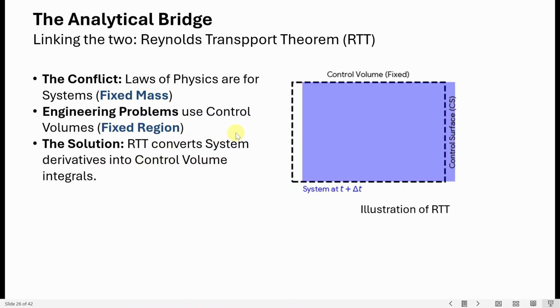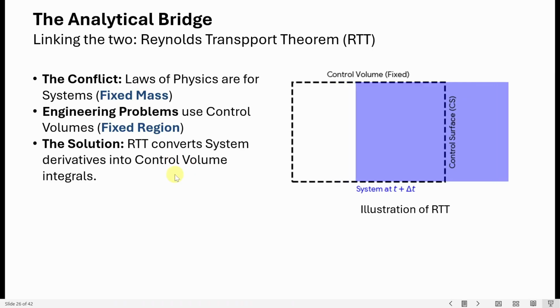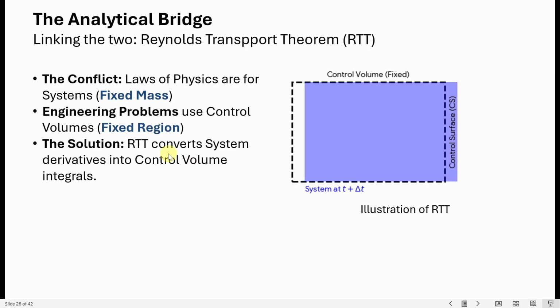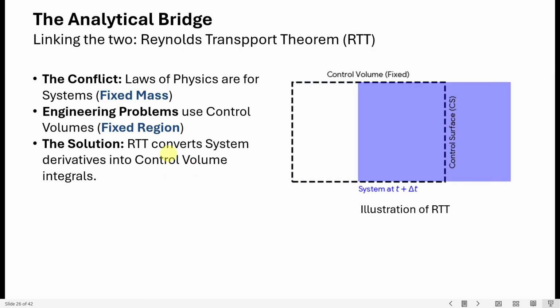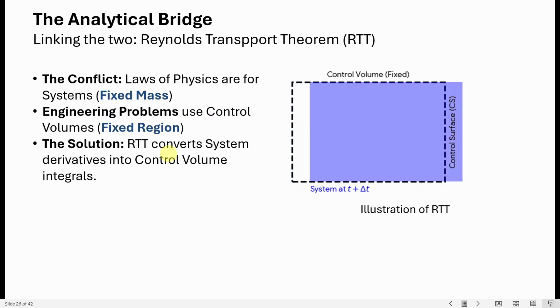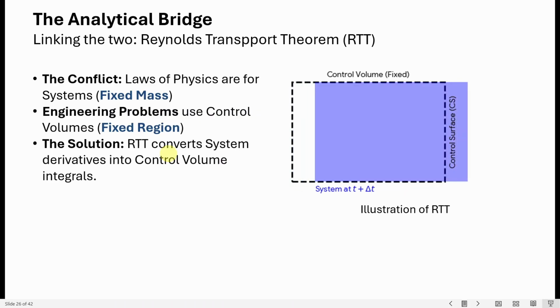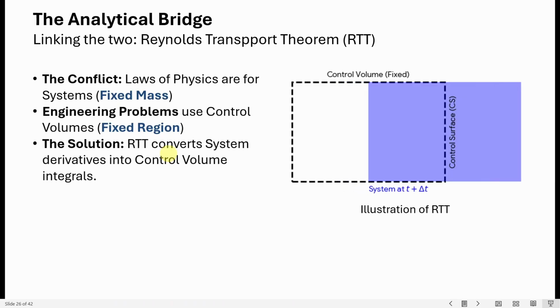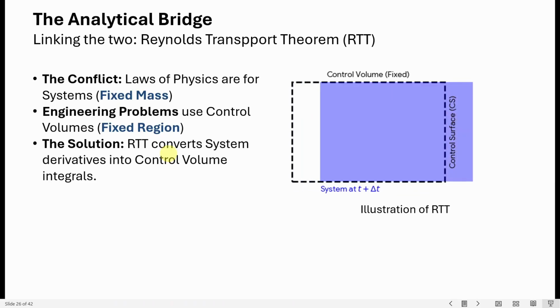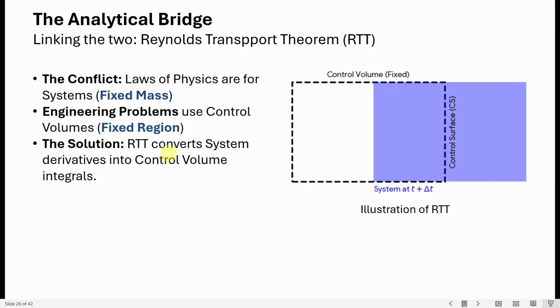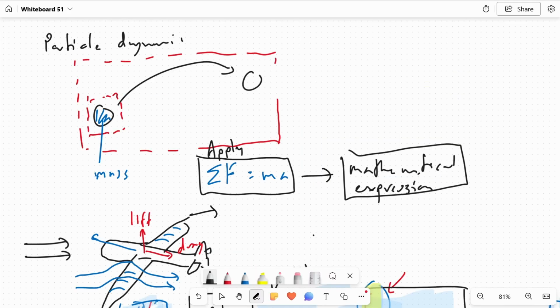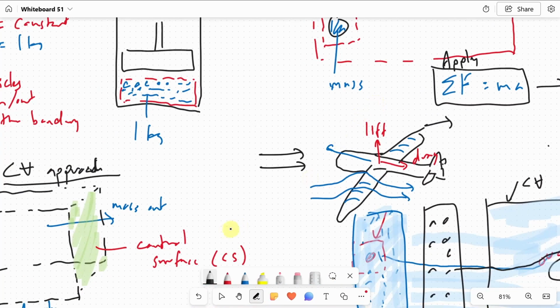So we will change it from the system approach to a mathematical expression that is suitable for the control volume approach. Okay, so this is what we call the Reynolds transport theorem. And we will discuss this later. We will not discuss it now.